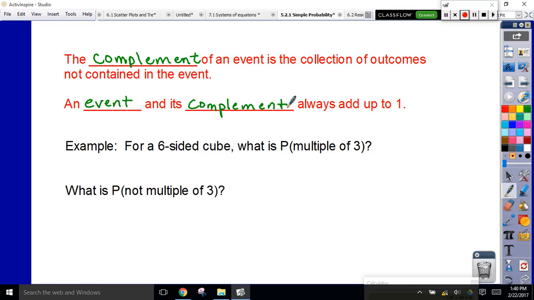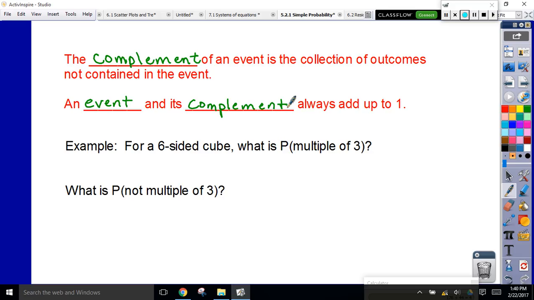I don't think you guys were paying attention back on the example. The example is the probability of getting a multiple of 3. Its complement is the probability of not getting a multiple of 3. It's the opposite. So what's the opposite of getting an even number on a die? Getting an odd number.